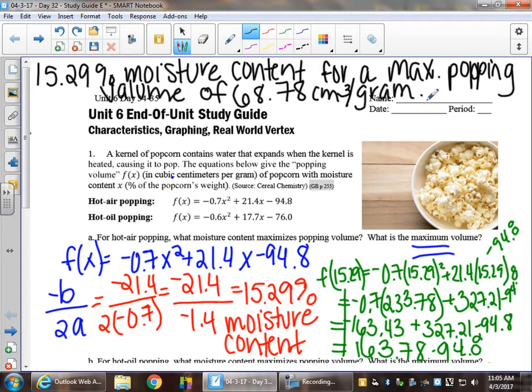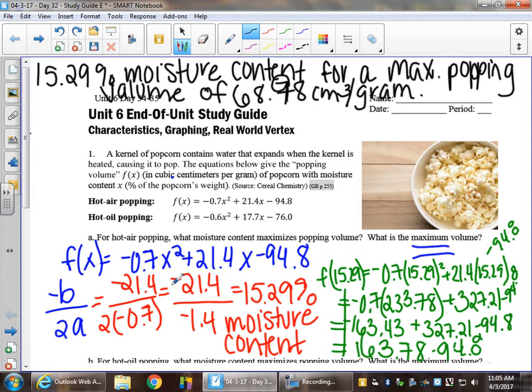Okay, guys, you will get points taken off if you don't write the sentence. So if you don't know how to write the sentence, pay attention to what we just did and write that in.